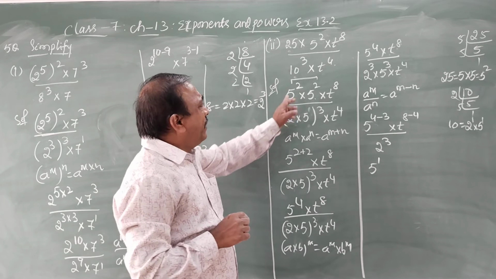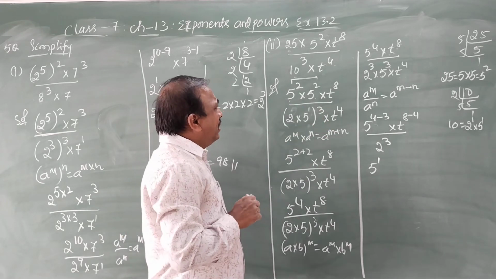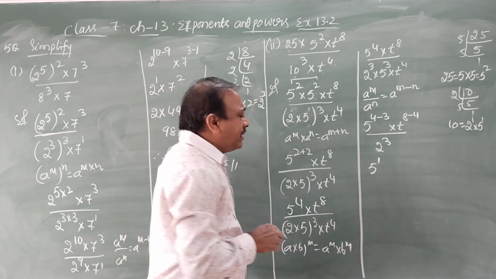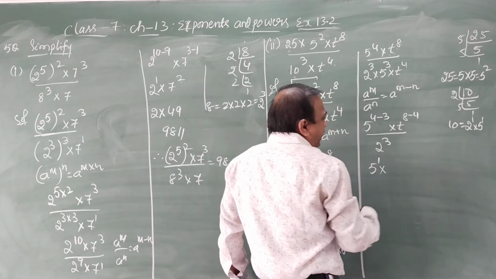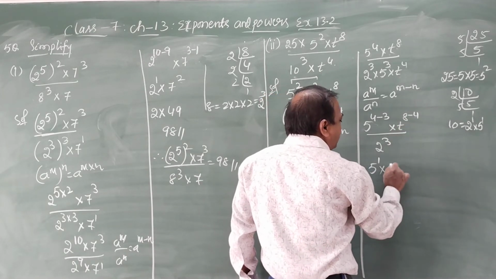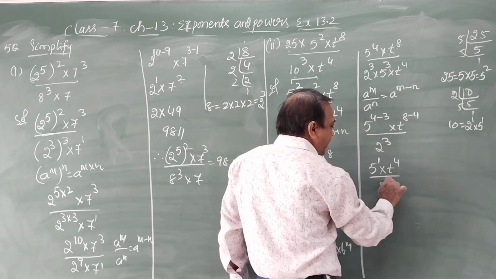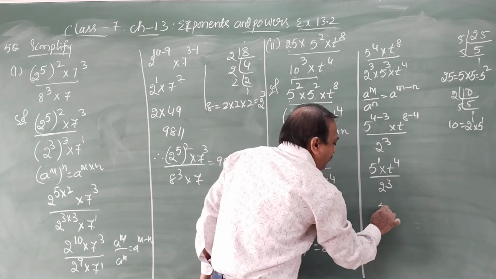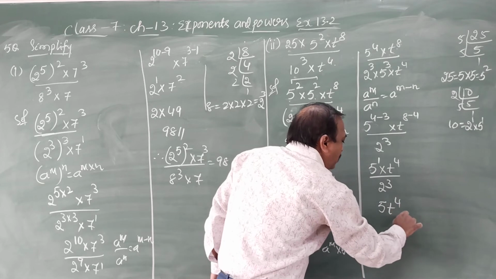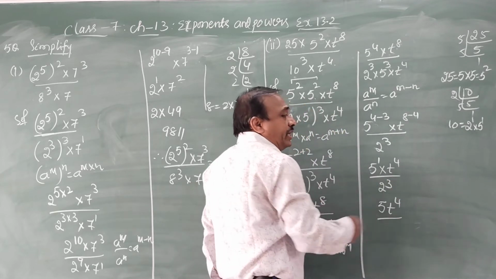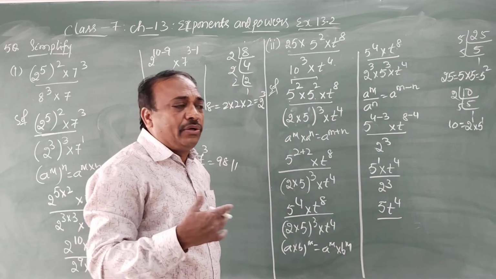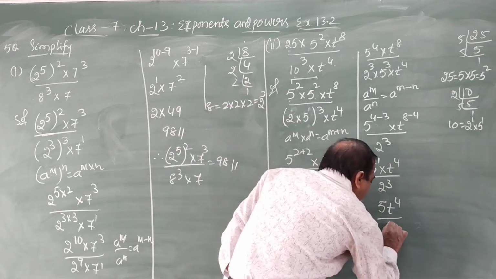t to the power 8 minus 4 is t to the power 4, by 2 to the power 3. So we write 5 t to the power 4 by 2 to the power 3, and 2 into 2 into 2 is 8.